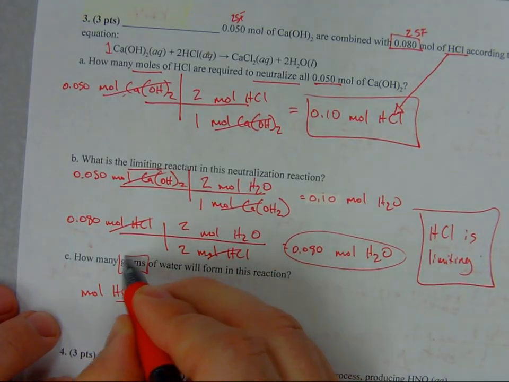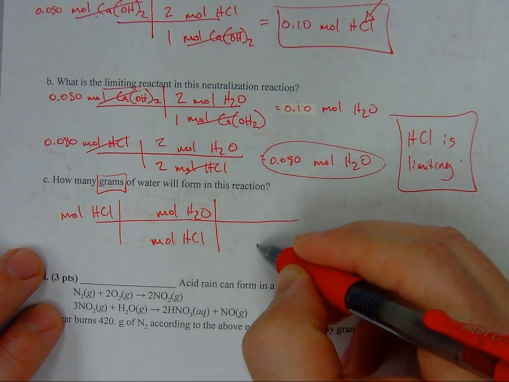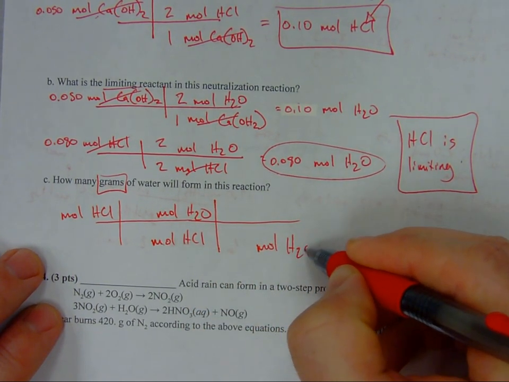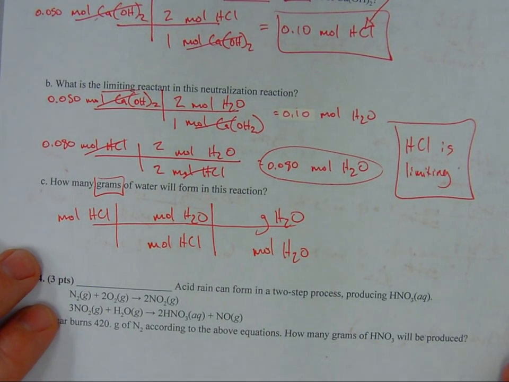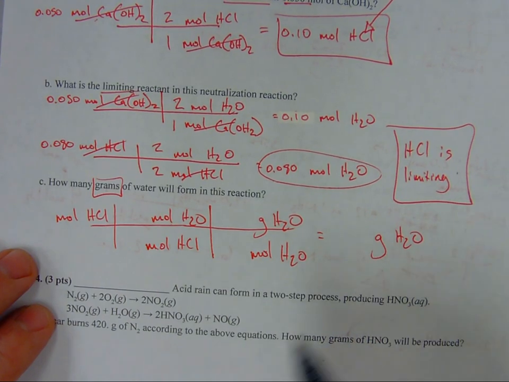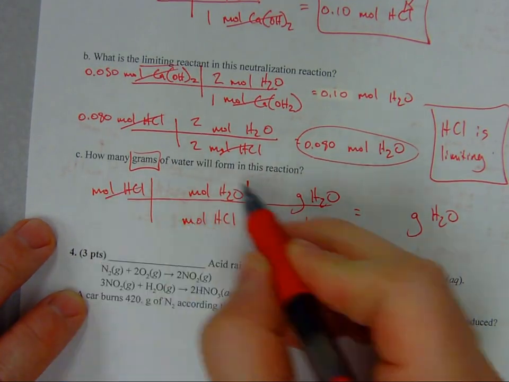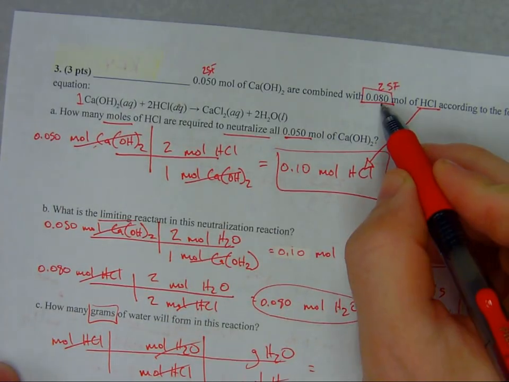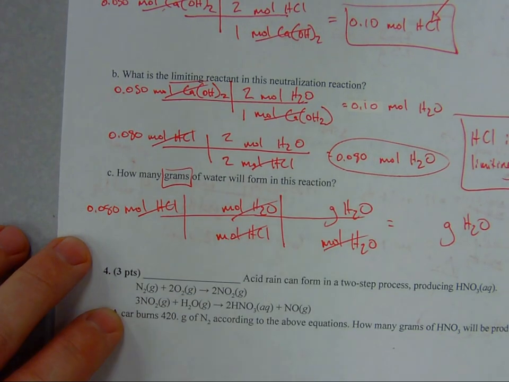But this question is asking for grams, so I'm going to have to do one more conversion factor using the molar mass of water to generate the unit that this question is asking for. So, again, now I'm ready to plug in my numbers because everything will cancel appropriately. I start with my 0.08 moles of HCl.